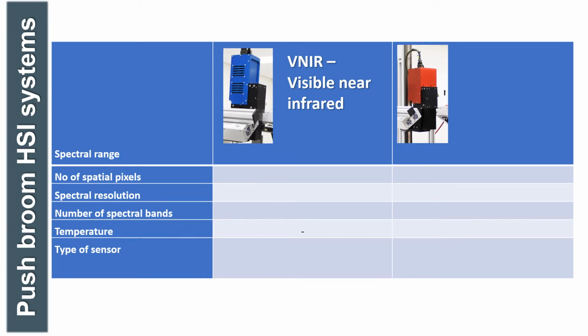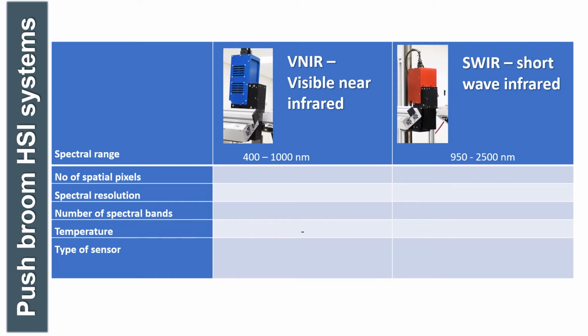The 2 hyperspectral imaging systems which are available in the vibrational spectroscopy unit include the visible near-infrared camera, or VNIR, and the shortwave infrared system, or SWIR. The VNIR collects information in the 400 to 1000 nanometer spectral range, and this includes the visible and NIR region. The SWIR operates in the 950 to 2500 nanometer range.